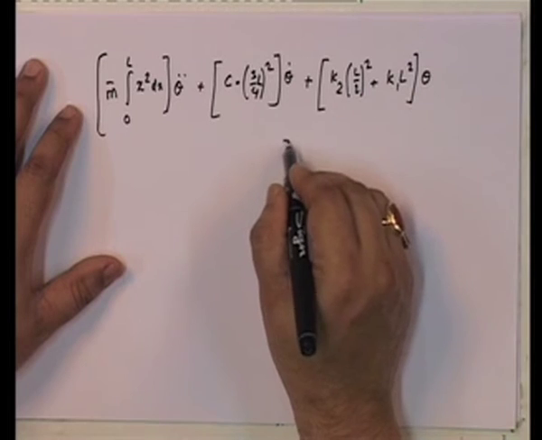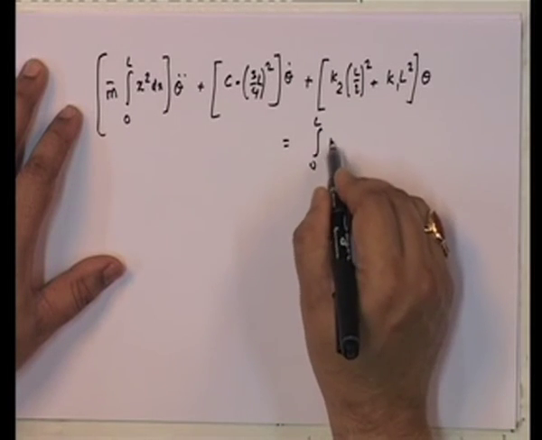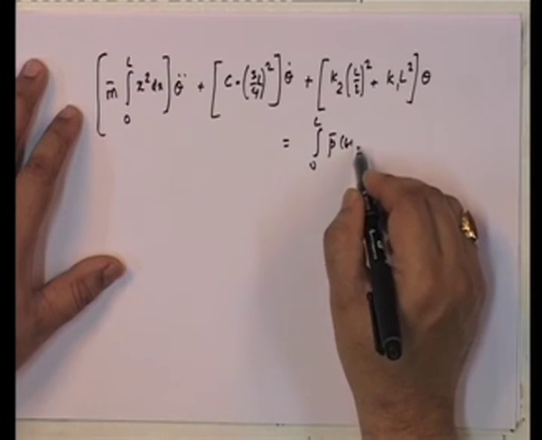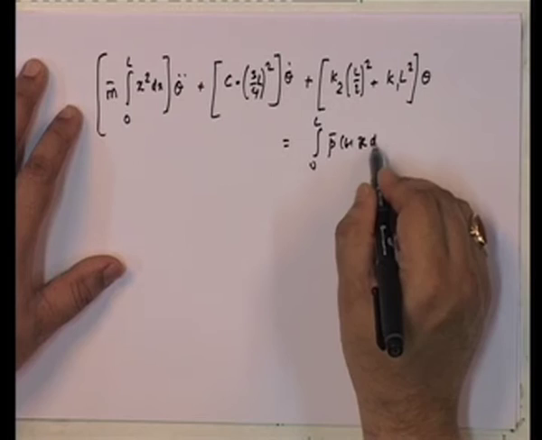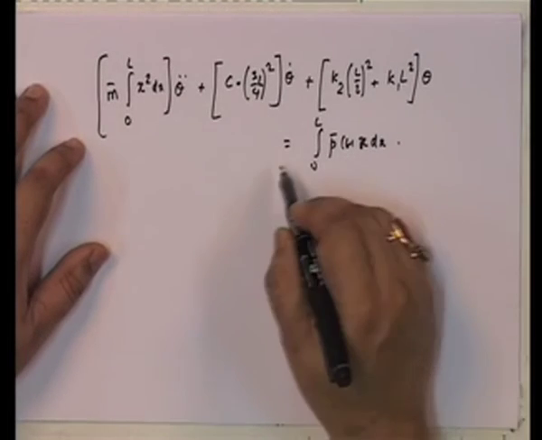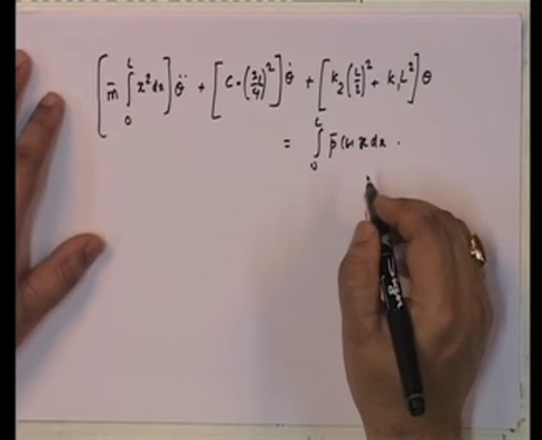And if I take the load on the other side, I get integral 0 to L P bar t x dx. Now if I do these, I know that P bar is a constant, because I have said that it is a uniformly distributed load, and M bar is a constant.